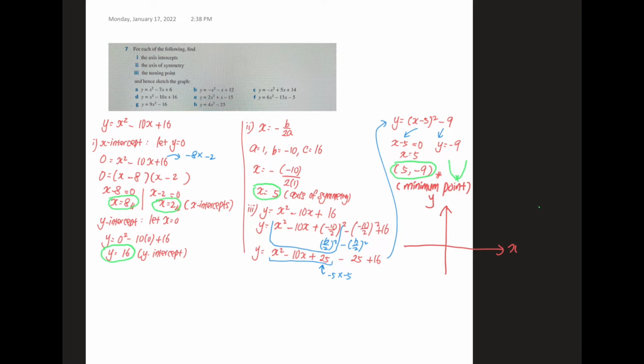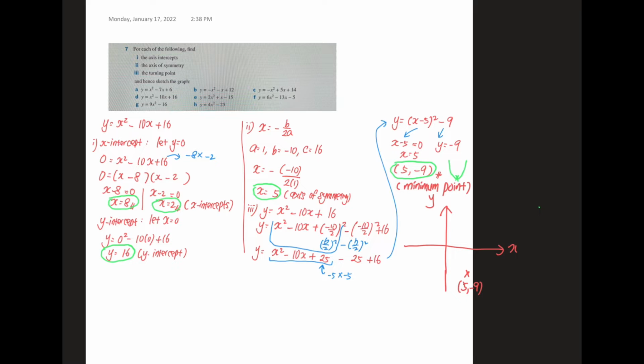First I'm going to put the minimum point, which is 5, minus 9, around here. It's a minimum point, so the graph is going to be like this.